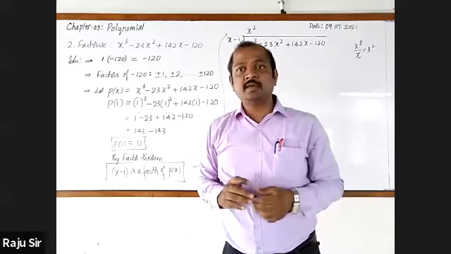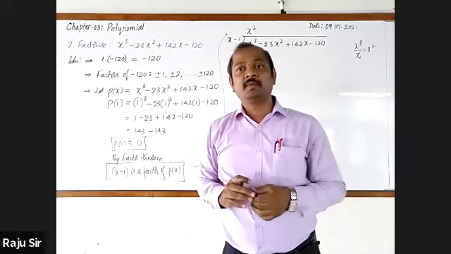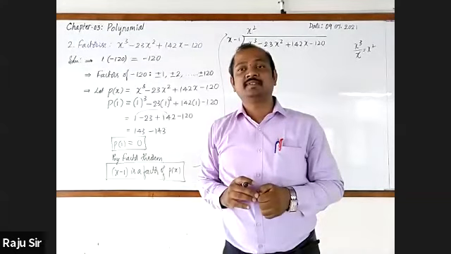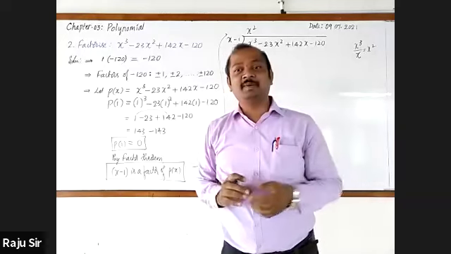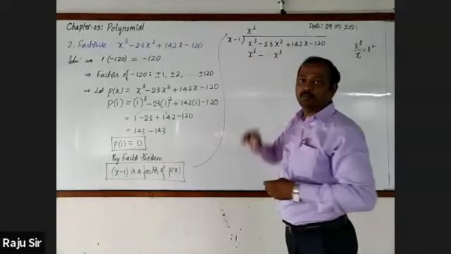So here minus 1 is there. That is why it is minus 1 x cube.